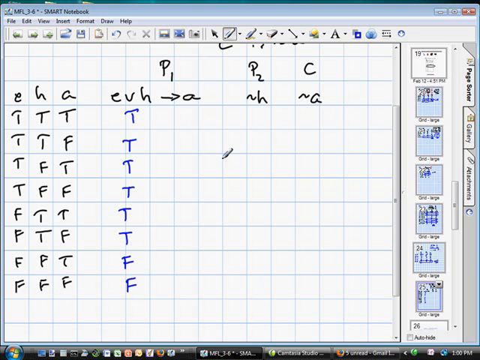Okay, now let's just copy A. I'm just copying column A so that I can put my answer right in between them. Now let's do if the left side, then the right side. Now we apply the rule, only false when the first is true and the second is false.